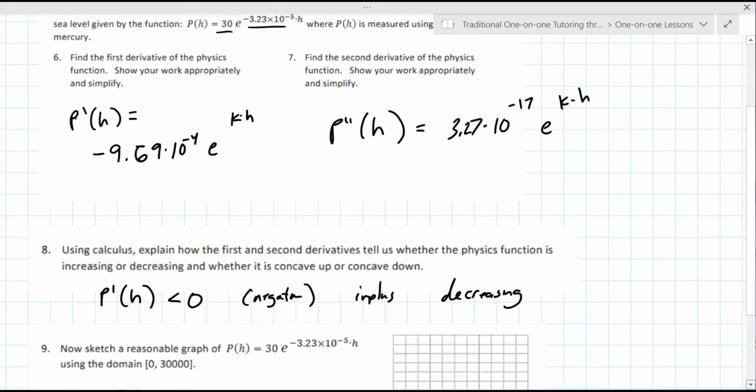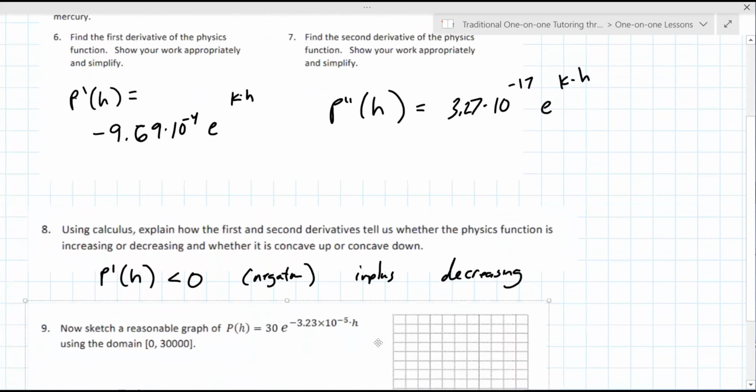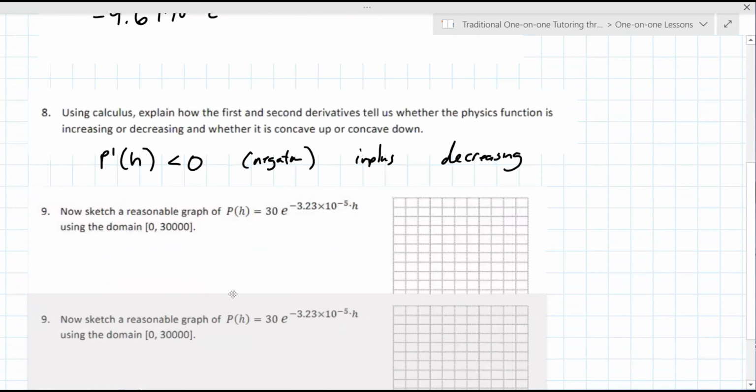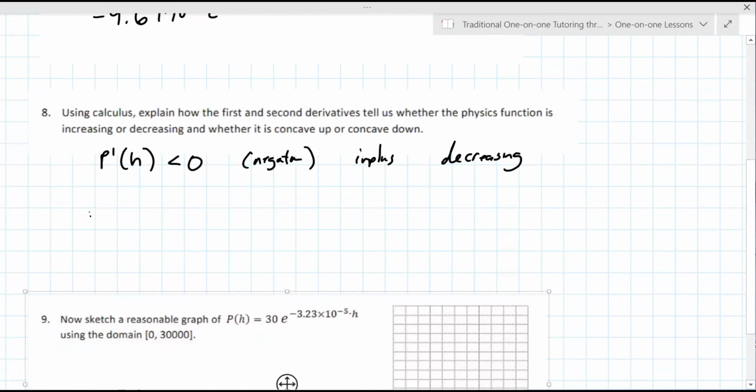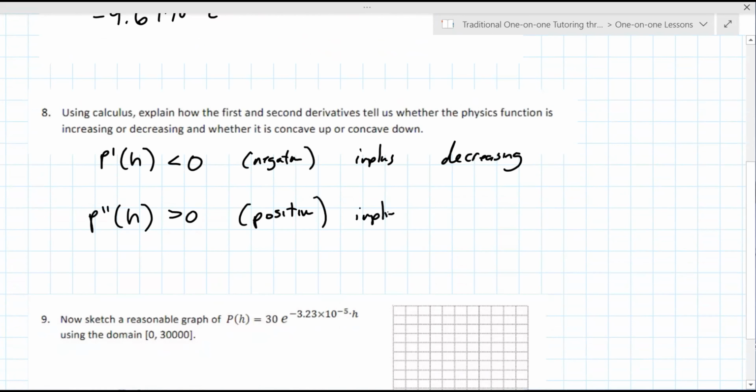And so that's what they're looking for. Your instructor is grading you based on having those words there. Now, p double prime of h is greater than 0, or positive, and that implies, since the second derivative is about concavity, that it's concave up. So a function that is decreasing and concave up looks like that.